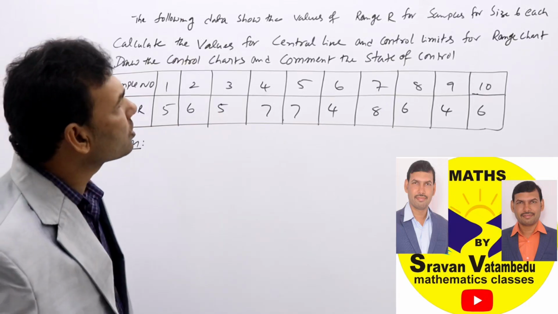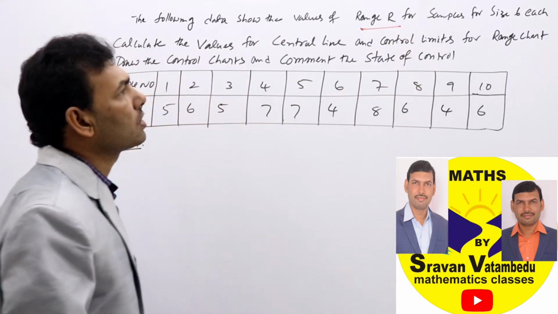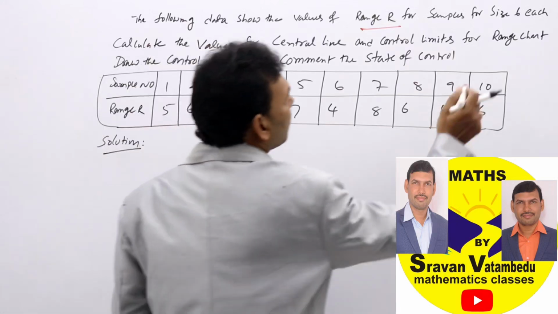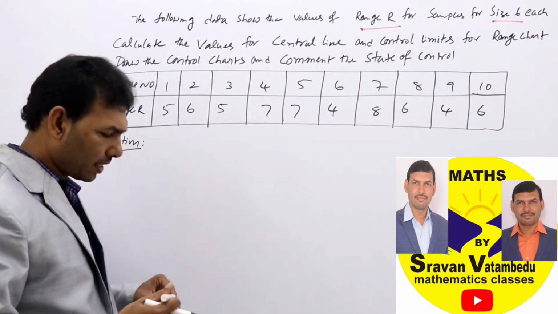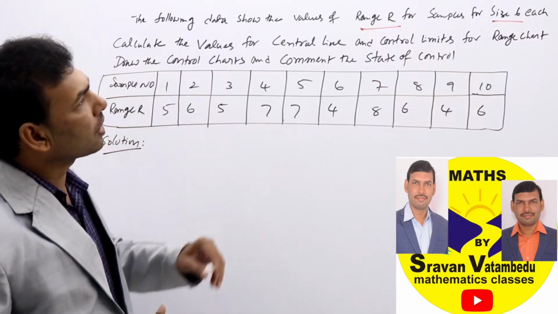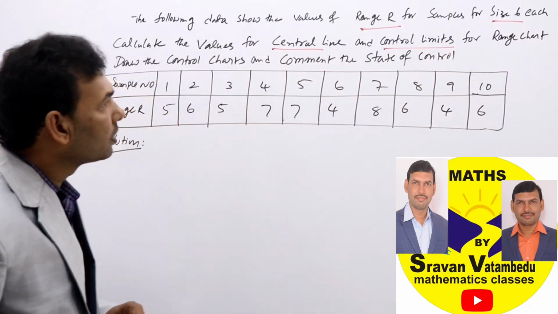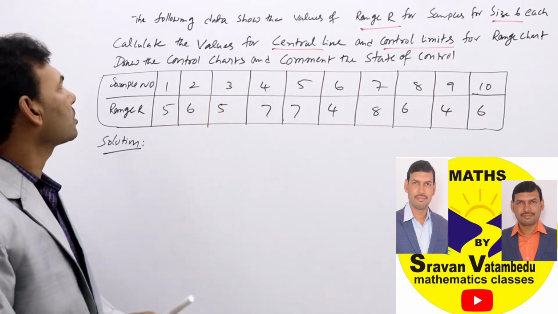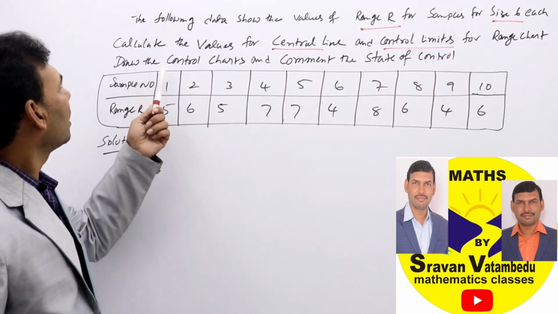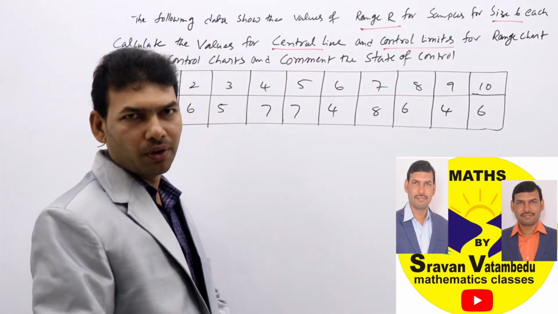The following values give range R for samples of size 6 each. Calculate the values for center line and the control limits for the range chart, draw the control chart and comment on the state of control.